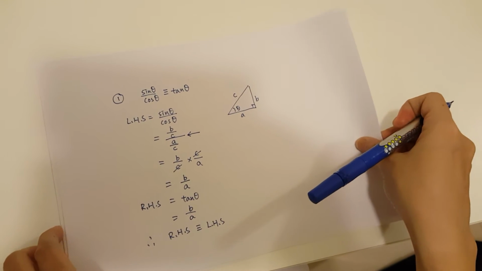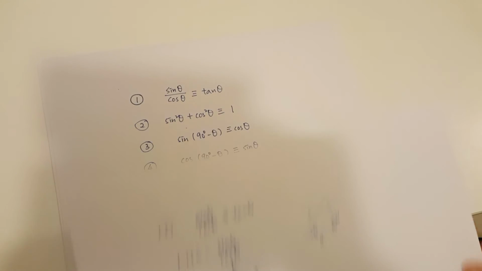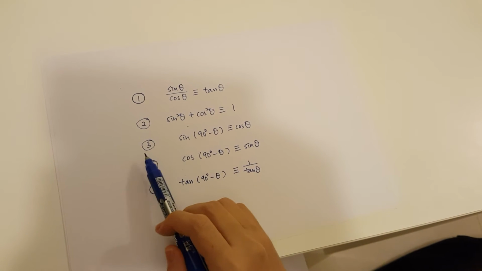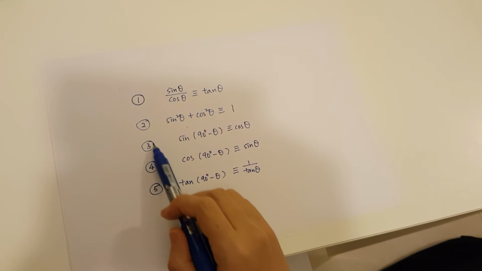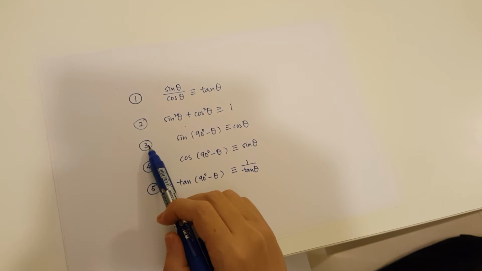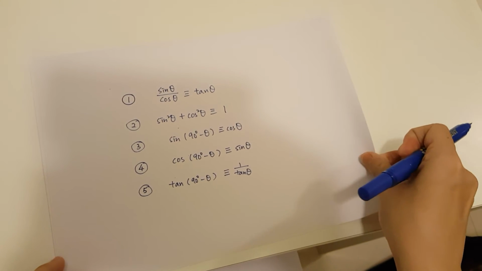And I give you one more example. I will show you how to prove this identity, identity number 3. Again, I will draw a right angle triangle.